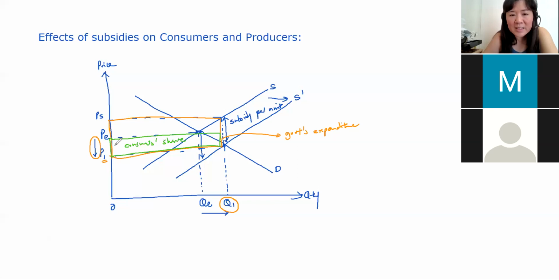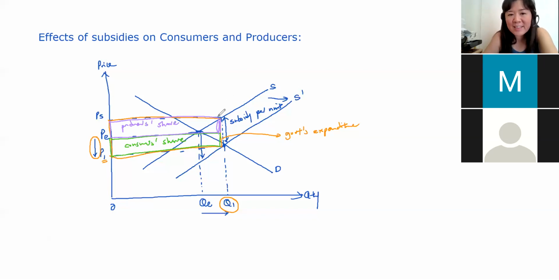Then of course, this area here is the producers' share of the subsidy. It is reflected in how much more they are able to collect, or make.